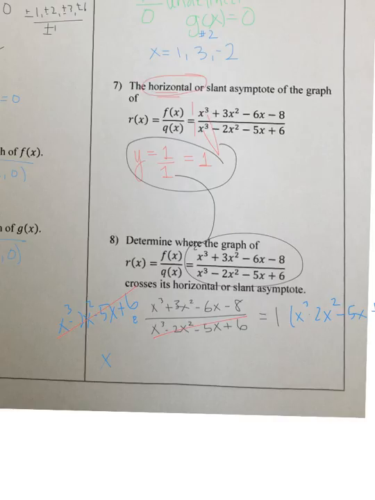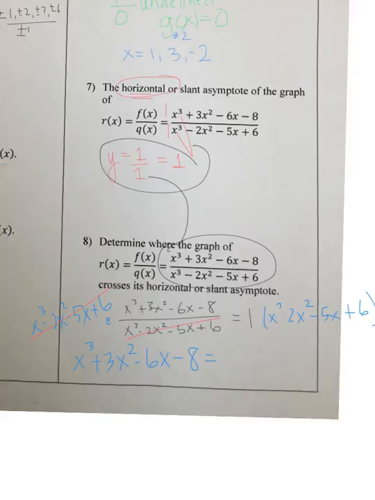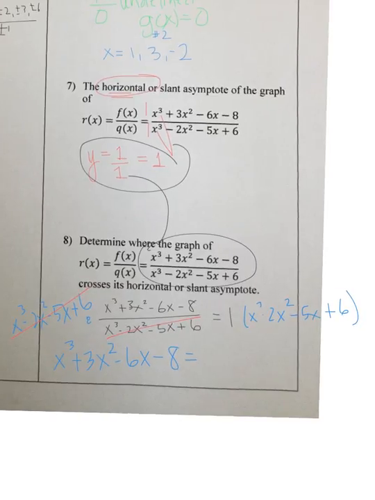So then we have x to the third plus 3x squared minus 6x minus 8 is equal to, well, it's kind of nice having a 1 over there, so then all we have is x to the third minus 2x squared minus 5x plus 6.